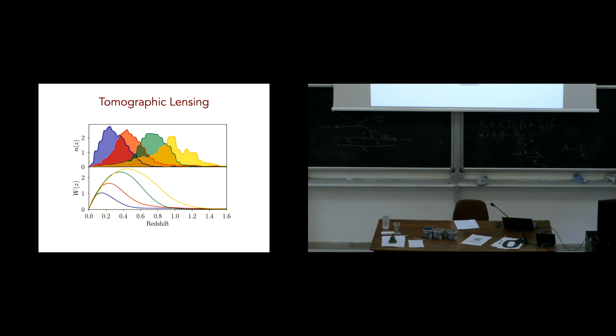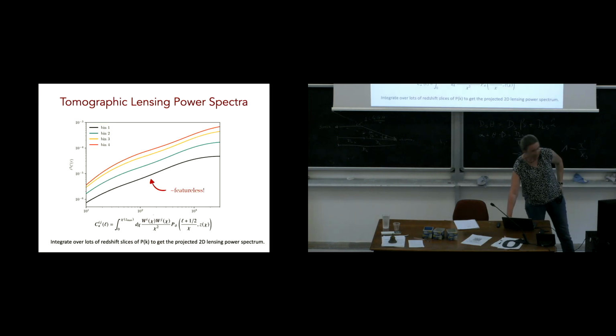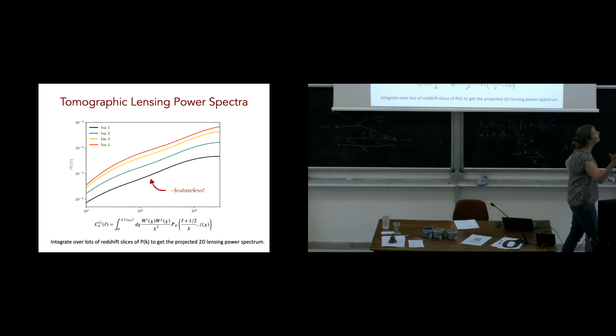So even for our smallest, lowest redshift bin, shown in blue here, it really will average over contributions between a redshift of order 0.1 to 0.3 or 0.4, and mix a bunch of modes. And that gets even blurrier as we go to higher redshift, which means that in the end, our angular power spectra are rather featureless.